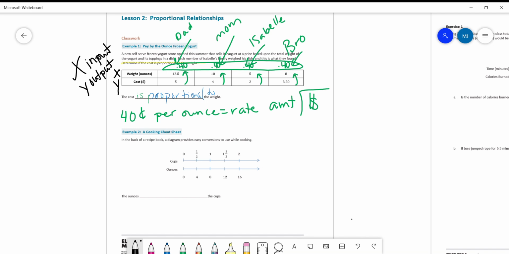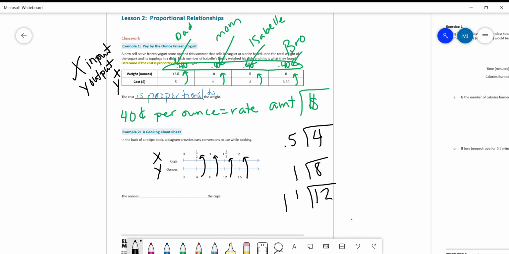So again, if we're using the same principle, X to Y, we're just going to take these values and divide them by the top value and see if we get the same number every time. So 4 divided by 1/2 or 5/10, 8 divided by 1, 12 divided by 1.5, and 16 divided by 2.